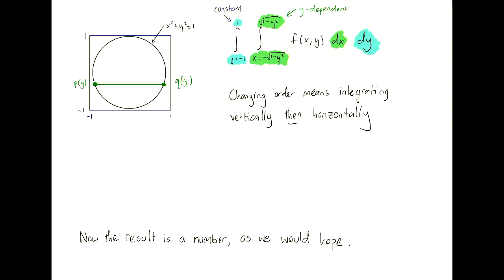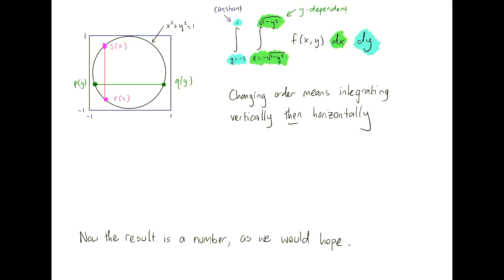Okay, so changing the order doesn't just mean switching those integrals around anymore. It means instead of integrating horizontally then vertically, we are going to integrate vertically and then horizontally. So we are going to start at some r of x and integrate all the way up to some s of x.